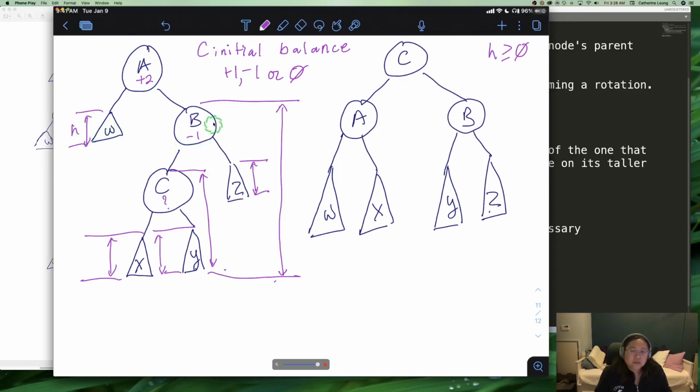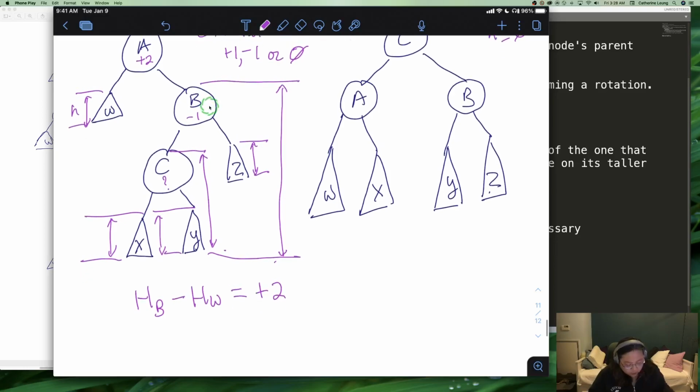Now, again, just like before, we can say that the height of B minus the height of W is going to be equal to positive 2. And the reason, of course, is because the balance at A is positive 2. So whatever height B is, and that's the whole thing, including all of this stuff, the height of B, that's this thing right here.